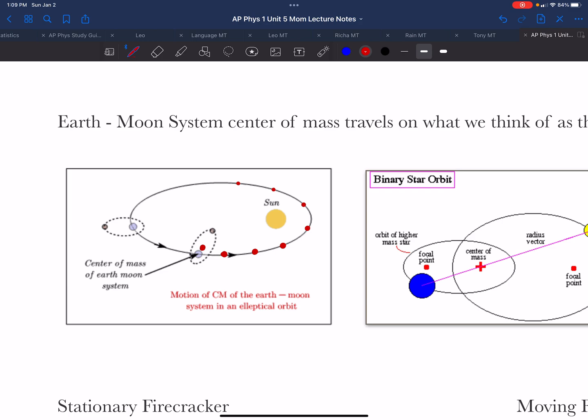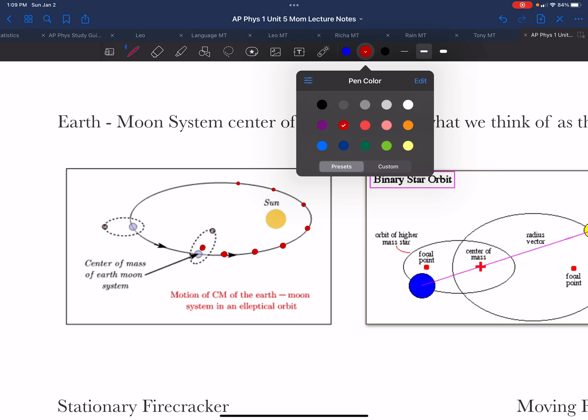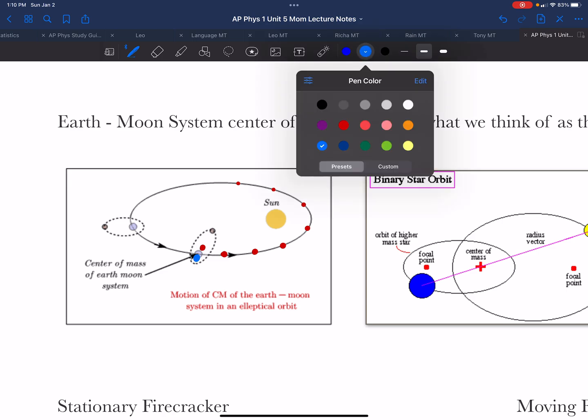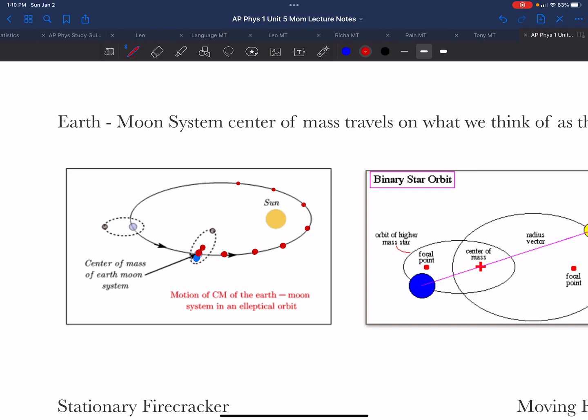And so for that reason, this drawing that I've selected here is actually not correct. The Earth should actually be offset a bit, and the center of mass should be right there.